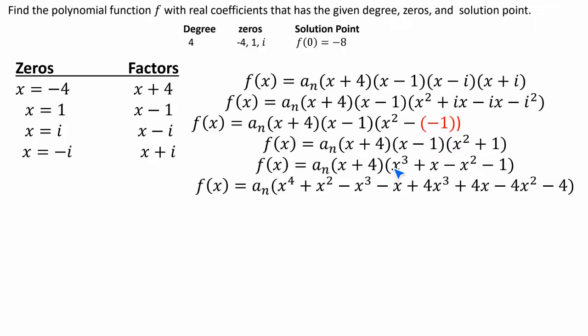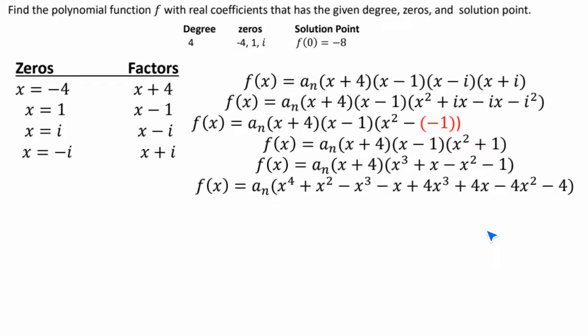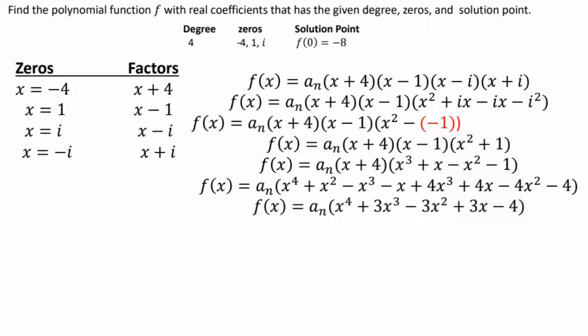So 4 times x cubed, 4 times x, 4 times negative x squared, and then 4 times negative 1. So once we have all of this multiplied out, we can combine our like terms. And so we're going to end up with x to the 4th plus 3x cubed minus 3x squared plus 3x minus 4. So all that we're missing is to know what this a_n is.